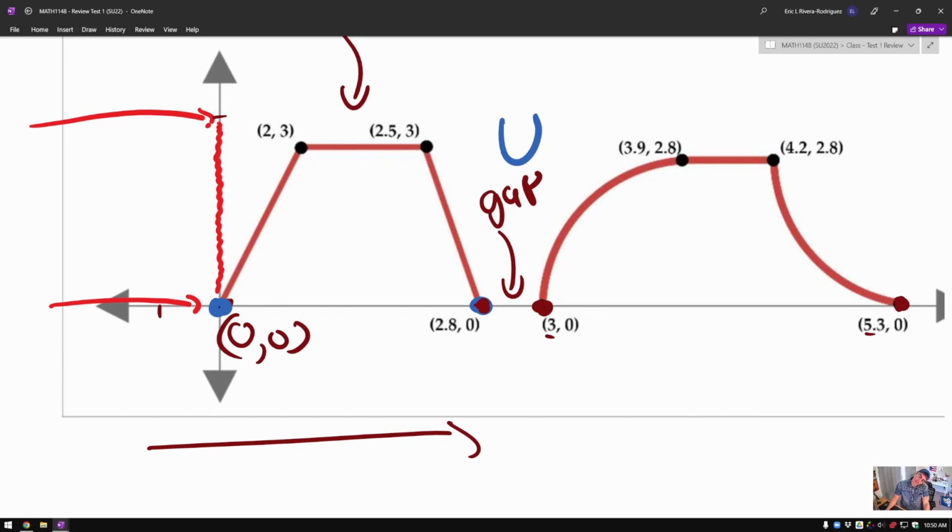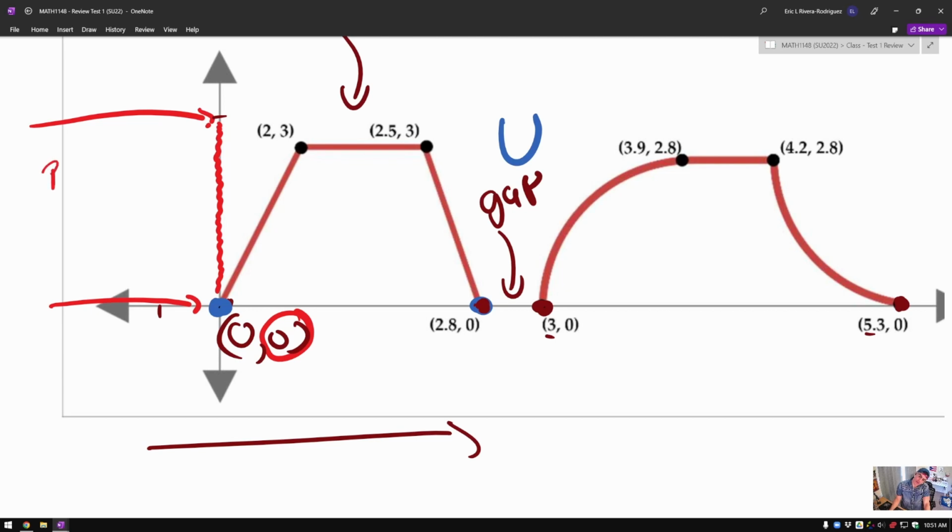Okay, so we need to focus only on the y values, and the y values of both portions start at 0. From the bottom up, our left boundary in the interval for the range is 0.